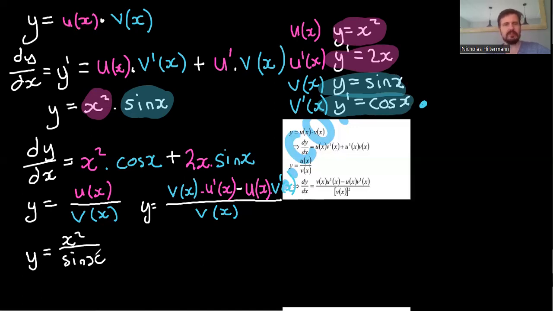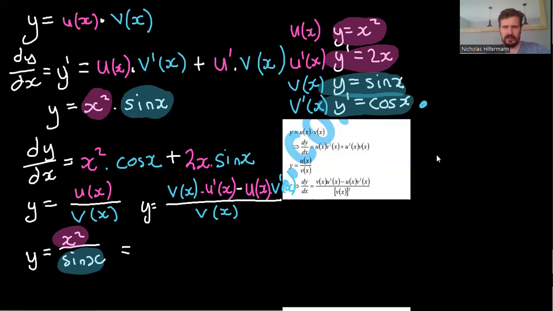So again, we've got something divided by something. We could differentiate x squared, we can differentiate sin x, but we don't know how to do this thing unless we use the quotient rule. So our top is our pink. So let's highlight what we have. So our top is our pink, which is x squared. And our bottom is our sin x, which is our v(x).